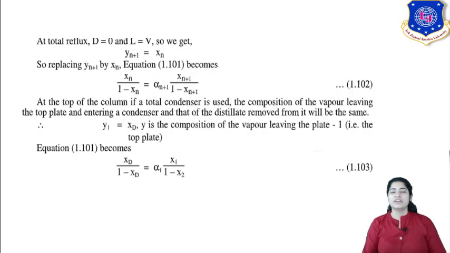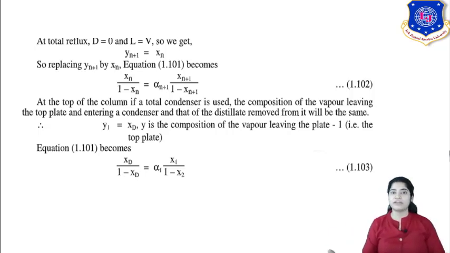See here, when you take out the vapors from the top plate, in the condenser the composition would be the same as that obtained from the top plate. Y1 is the vapor leaving the top plate. Here we saw that Yn plus 1 is equal to Xn, so Y1 is equal to X1, hence you write it as X1 because it is going from the top plate.